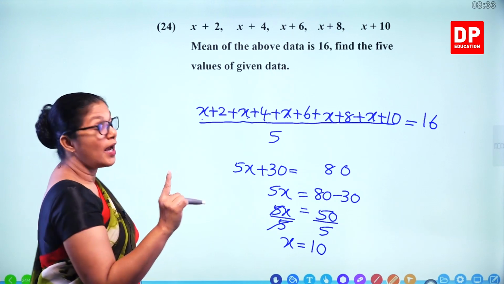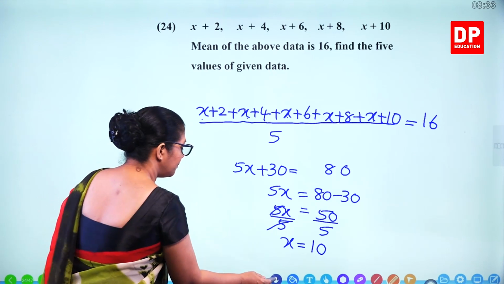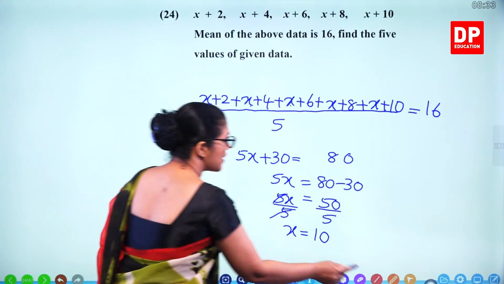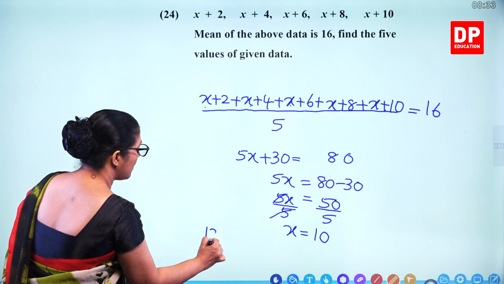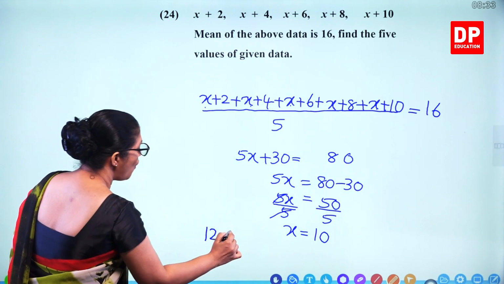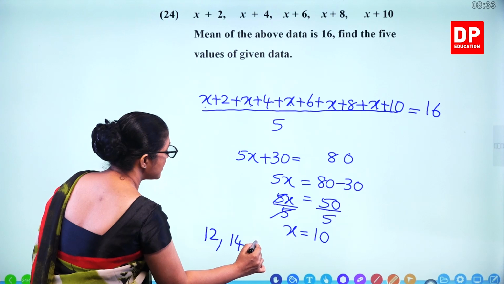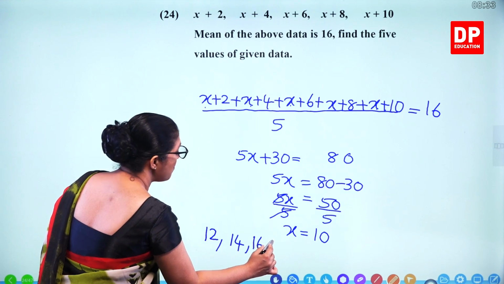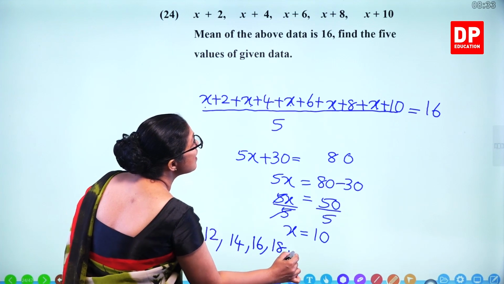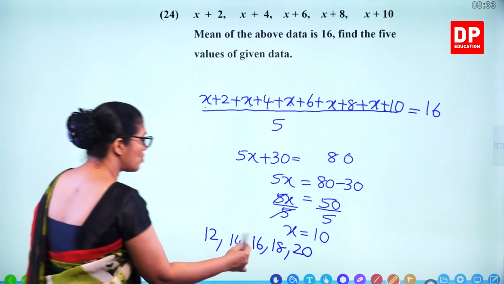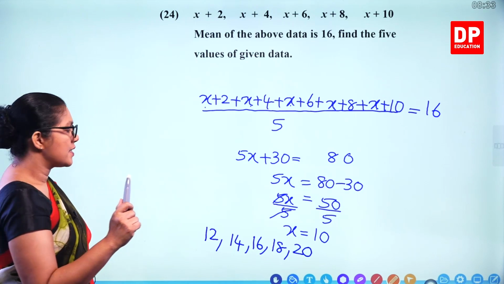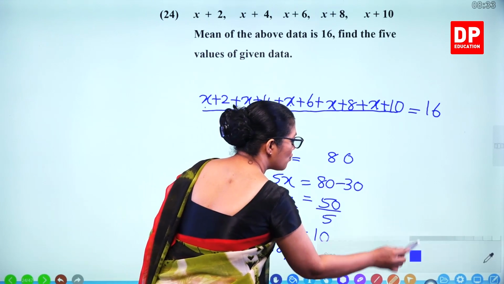So, what are the 5 values now? First value is x plus 2. 10 plus 2 is 12. 10 plus 4, 14. 10 plus 6, 16. 10 plus 8, 18. 10 plus 10, 20. So, those are the 5 numbers. So, you get 2 marks for that.